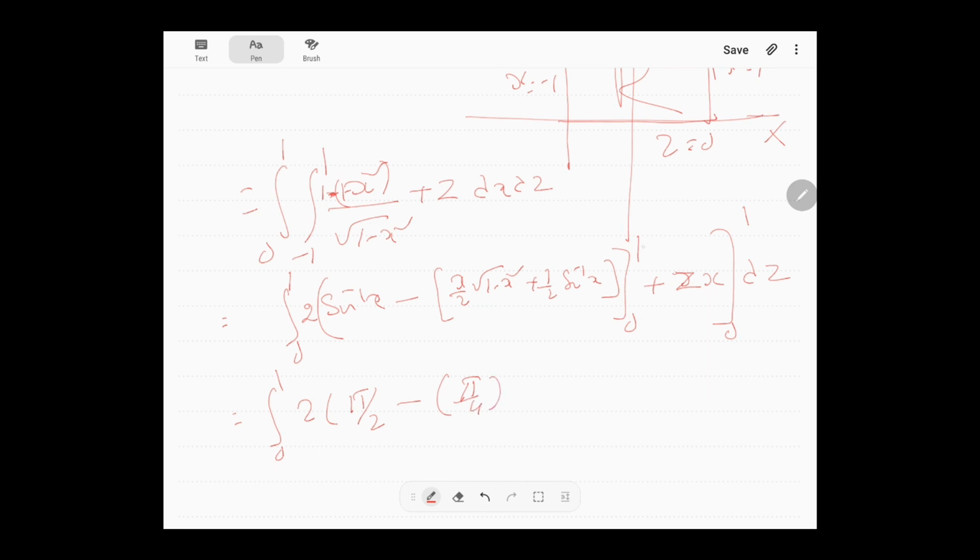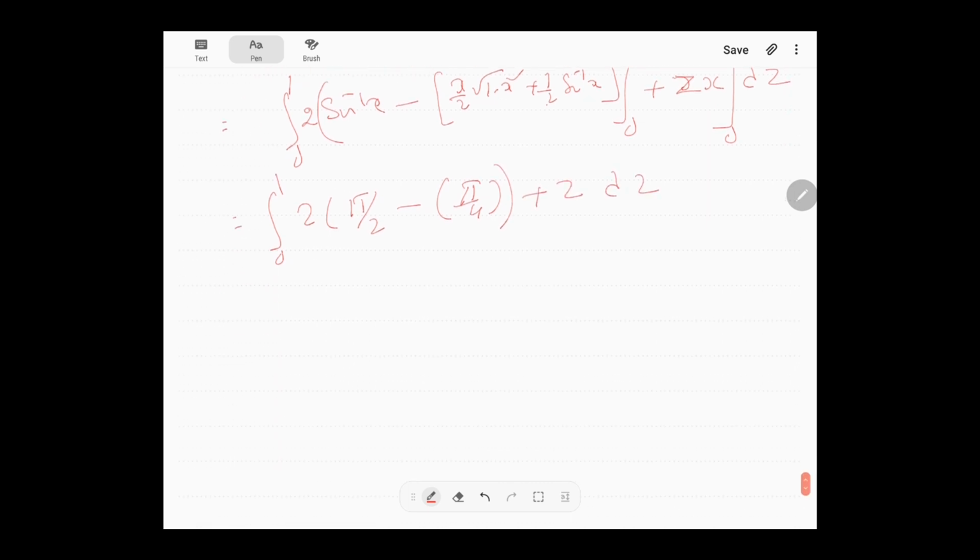This is pi by 2 by 2, that is pi by 4. And here plus z dz. Pi by 4 into 2, that is pi by 2. This is pi by 2 plus integral z is z square by 2, that is 1 by 2. That is pi plus 1 by 2.